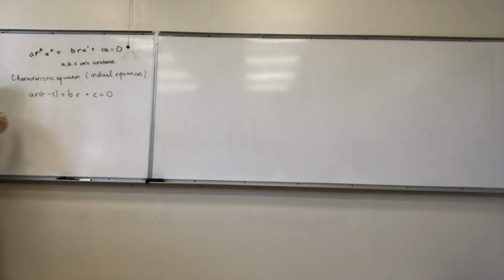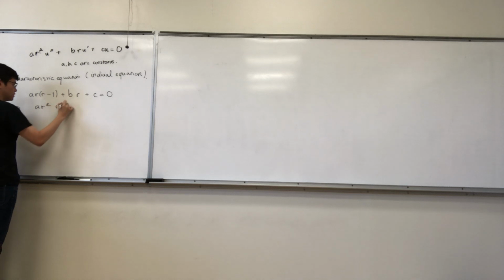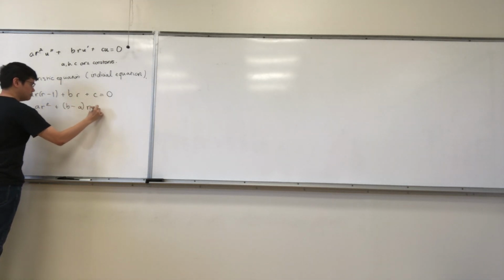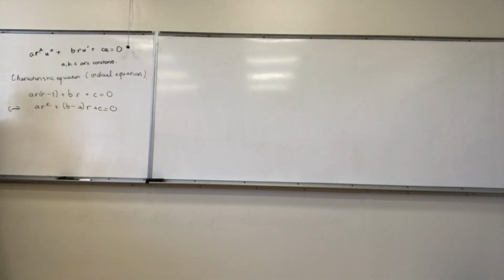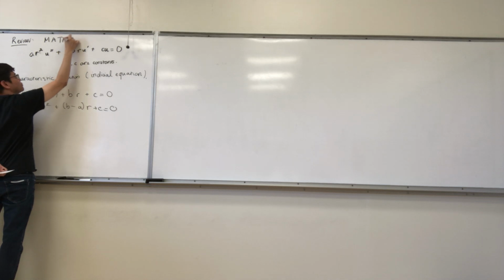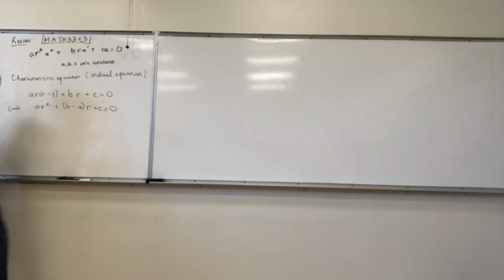And so you can write this in the form of A R squared plus (B minus A) R plus C is 0. So we're going to review. This is Math 3313.